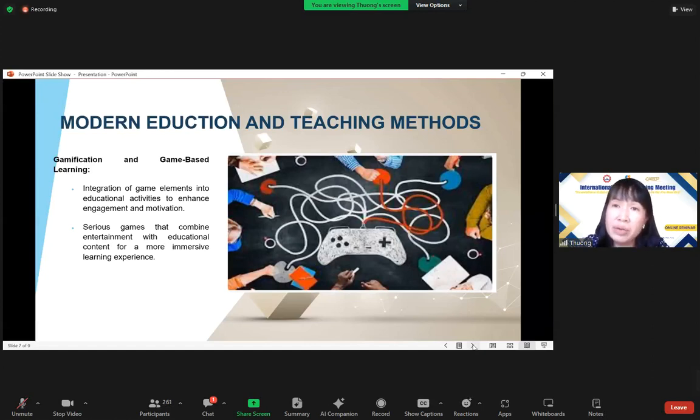Students learn and play games, and normally we focus on teamwork games. So students not only learn the knowledge in a very active way, they also learn how to communicate with each other and do team building, and they learn not only from the lecture from the teacher, but also from the other students. All of them can share their understanding, knowledge, and skills, and help each other to solve problems.